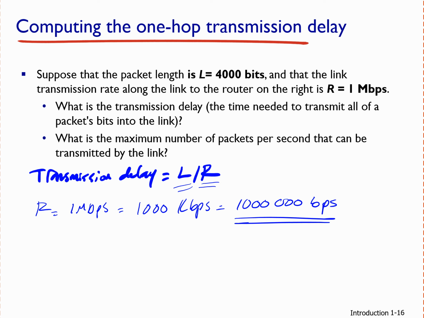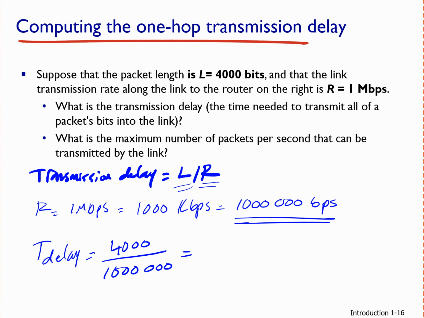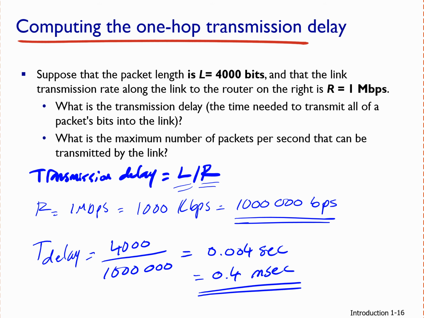So to do the math, transmission delay equals 4000 divided by 10^6, which equals 4 times 10^-3 seconds, which equals 4 milliseconds. So the transmission delay equals 4 milliseconds.